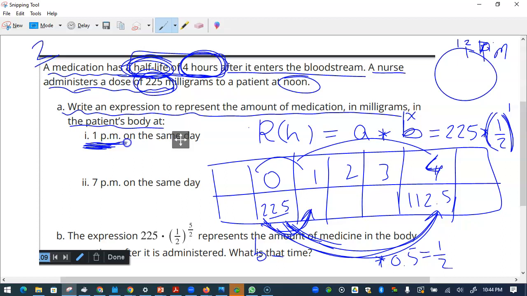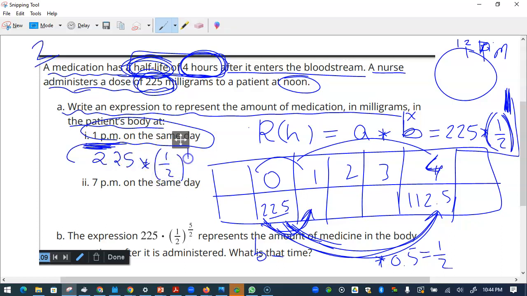The question is, first, 1 p.m. So this answer is at 1. If I talk about hours, this is 1 hour. You can use the calculator here and say the answer is what was there in the beginning, 225, multiplied by half raised to 1.